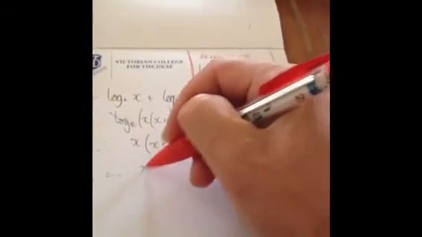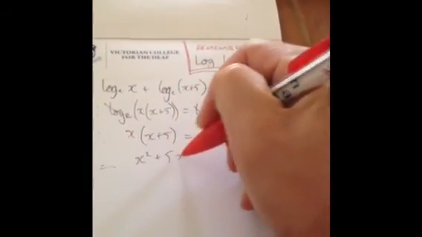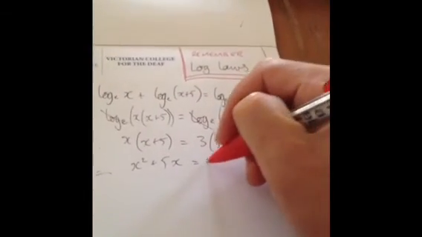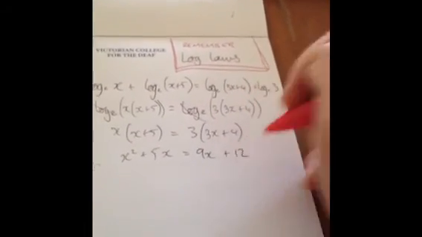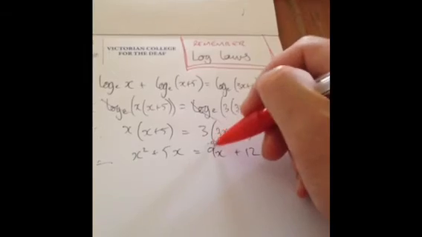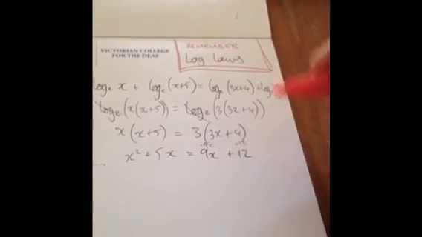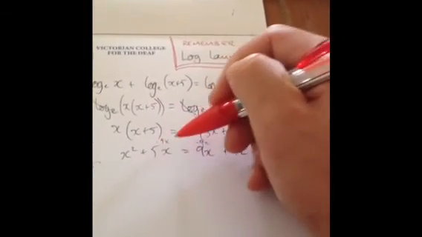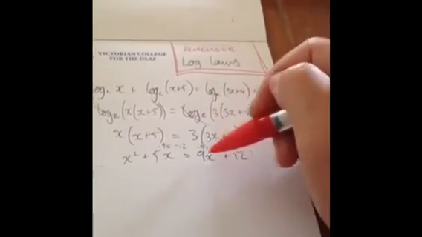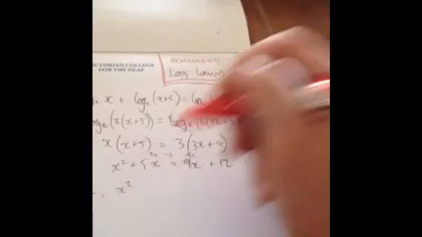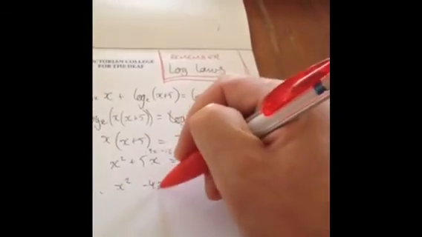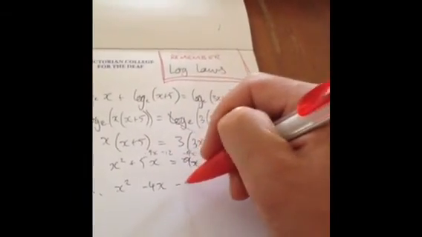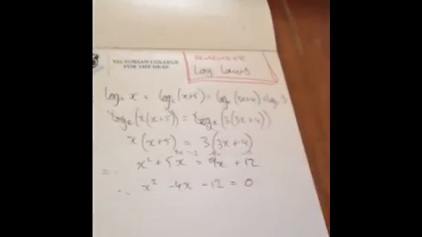So we'll end up with x squared plus 5x, and that will be equal to 9x plus 12. And now we want everything on the same side, so we'll subtract 9x and 12 from both sides, and that will leave us with x squared minus 4x minus 12, and that equals 0.